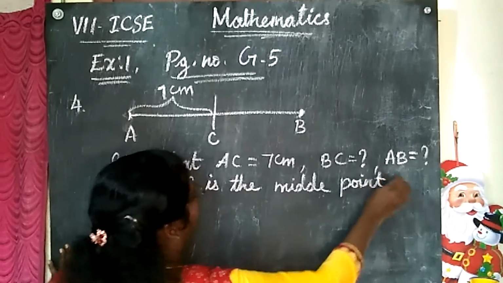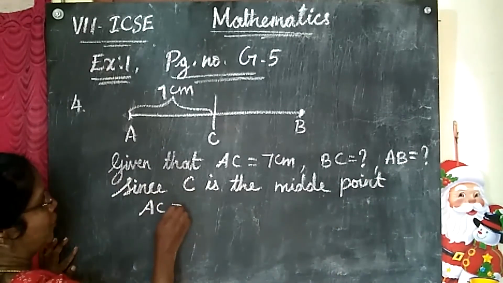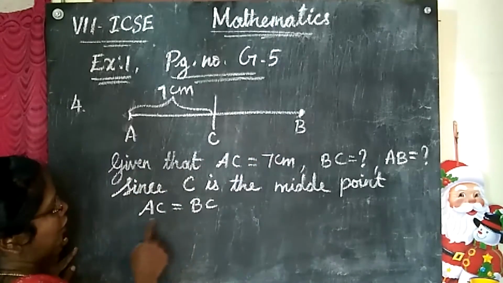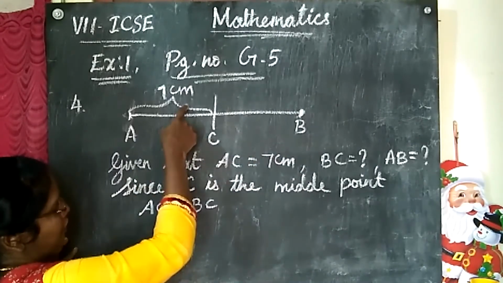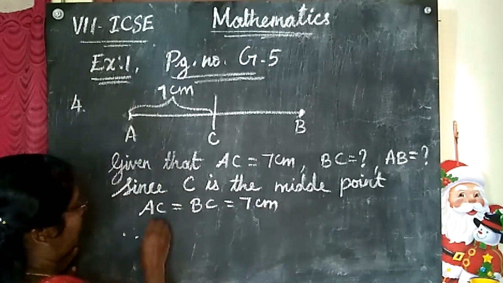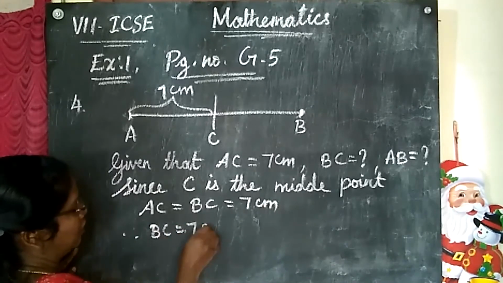Since C is the middle point, AC is equal to BC. That means AC is 7 cm. Therefore, BC is 7 cm.